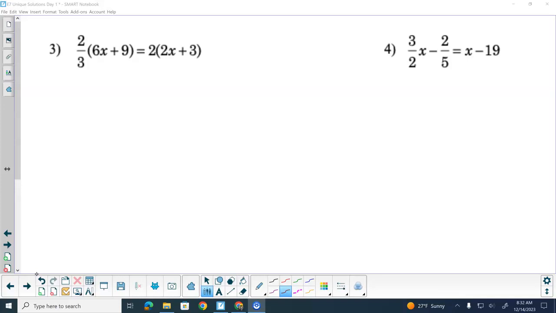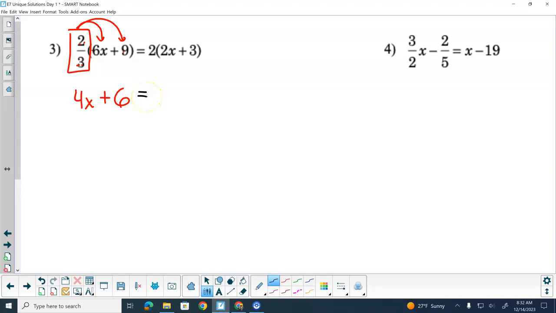So in my first one, I'm going to distribute 2/3 into both of those. Okay? So 2 times 6 is 12, divided by 3 is 4. 2 times 9 is 18, divided by 3 is 6.